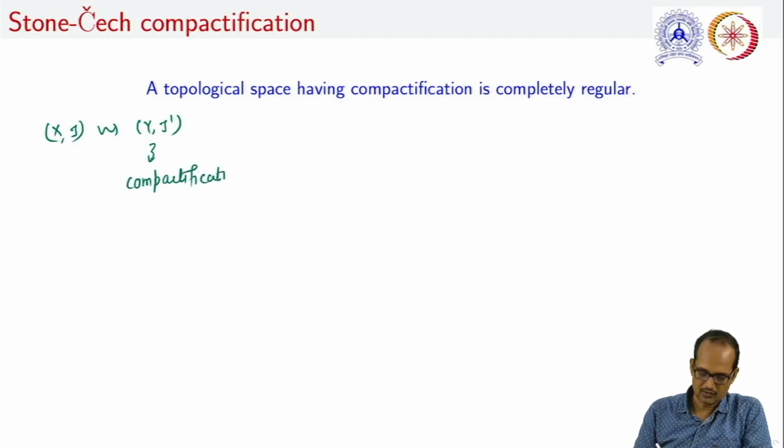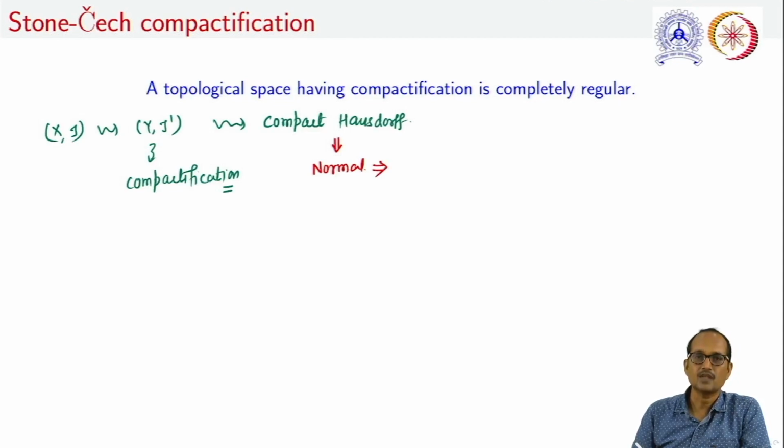Now if this is a compactification, we can say that this space (Y, tau dash) is a compact Hausdorff space. Note that we have already studied that every compact Hausdorff space is normal. So this one is normal.